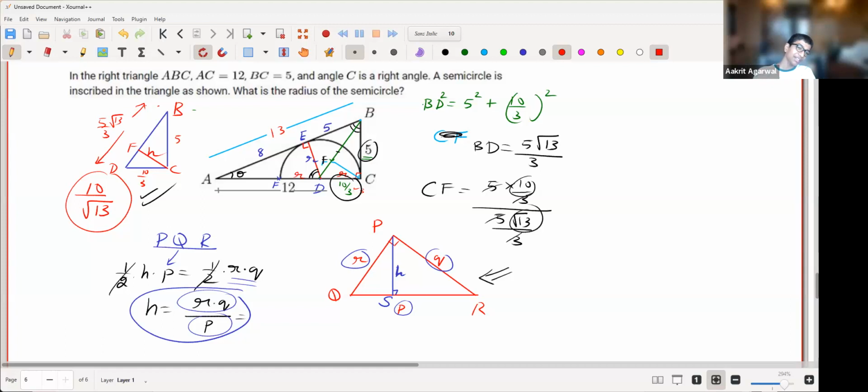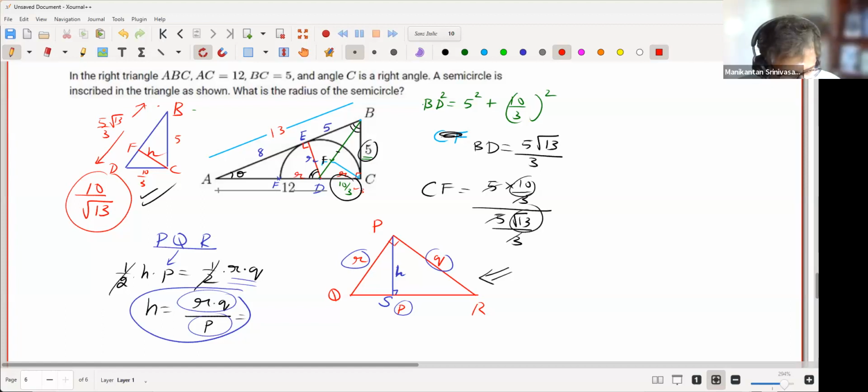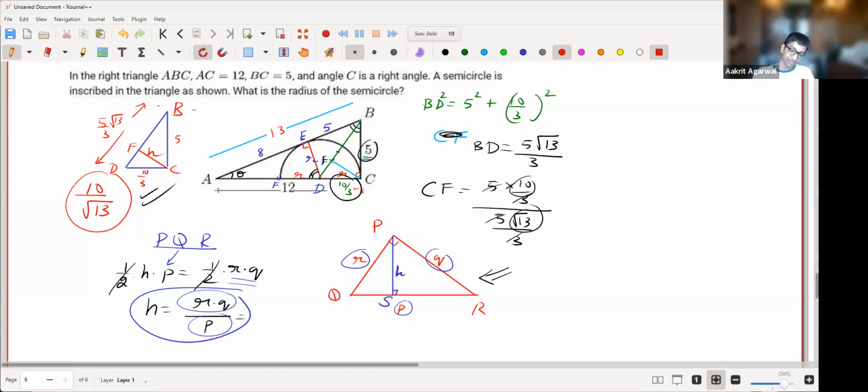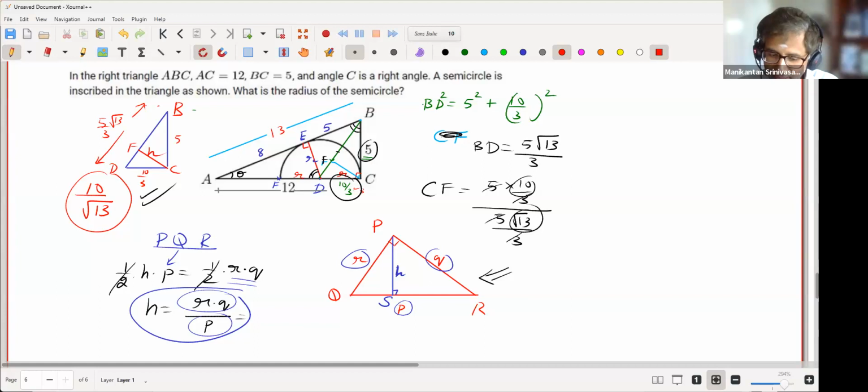So I don't know, but I think there's some formula like 1 upon a square plus 1 upon b square, 1 upon h square. I think there's something like that. Which one? I don't exactly follow what you're saying. If you can tell me what the formula is, I can.